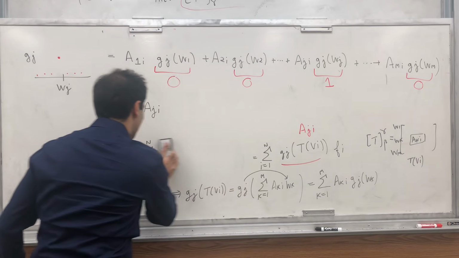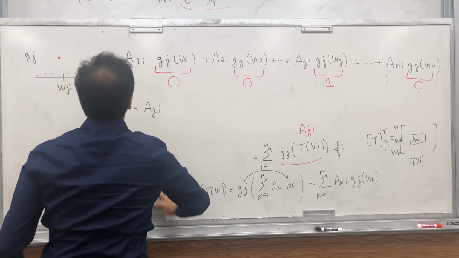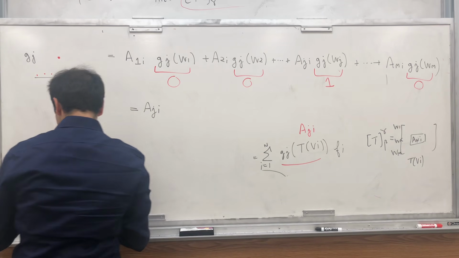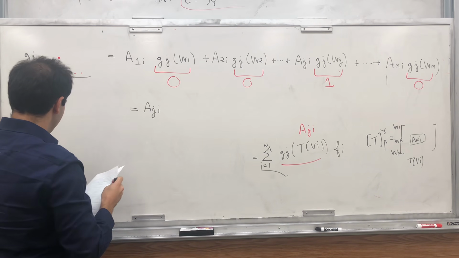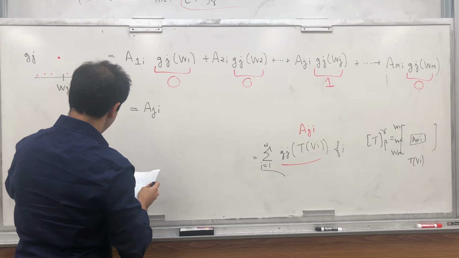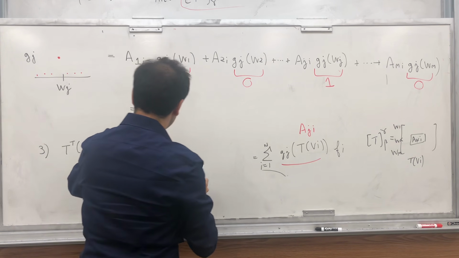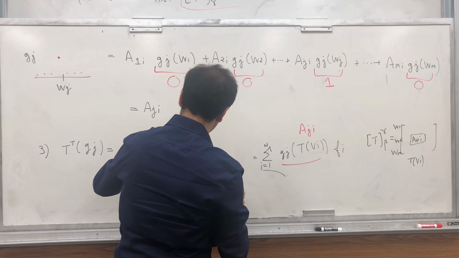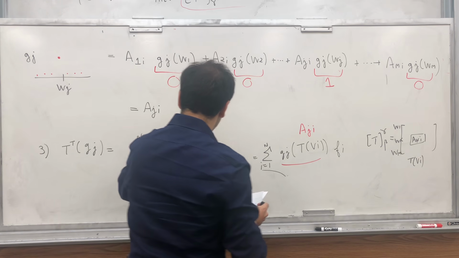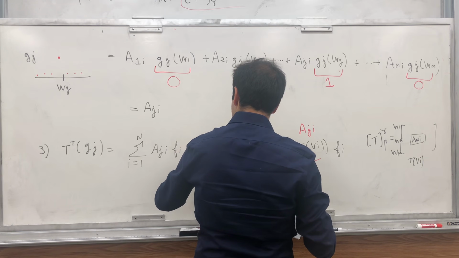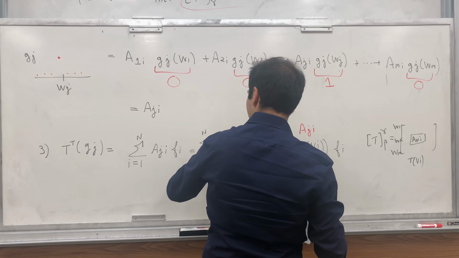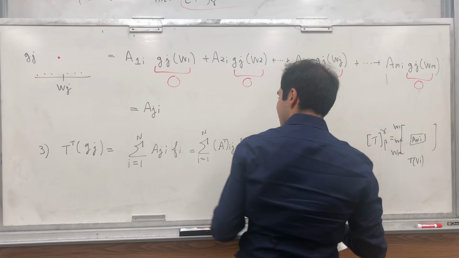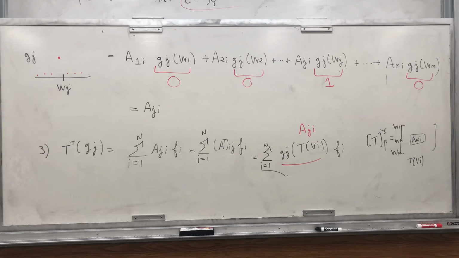So, just to summarize, what do we get now? I think that's part 3. So T transpose of Gj equals the sum from 1 to n of A_ji Fi, and that's the ijth entry of A transpose times Fi. And remember, what does that mean?